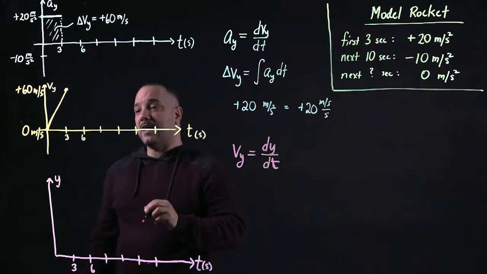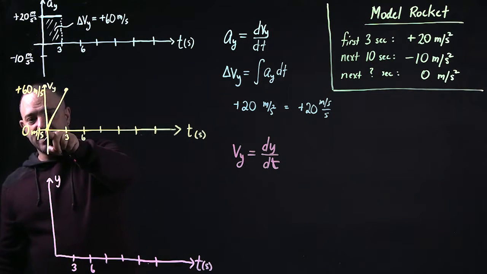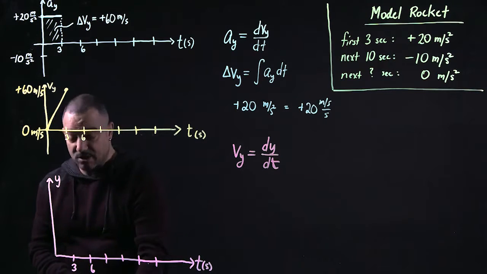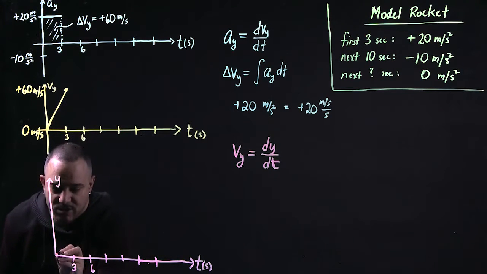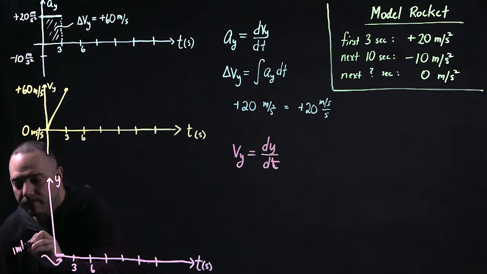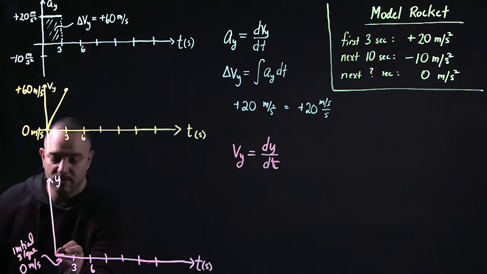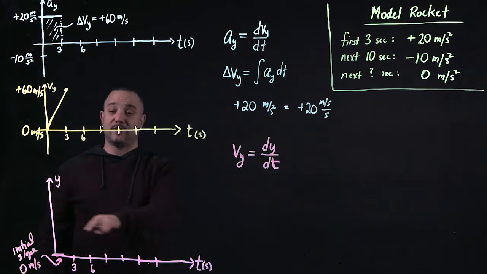okay? And so here our velocity is initially 0. So that means on our position curve, we have an initial slope of 0. So the initial slope is 0 meters per second. So right here we start off flat, right?